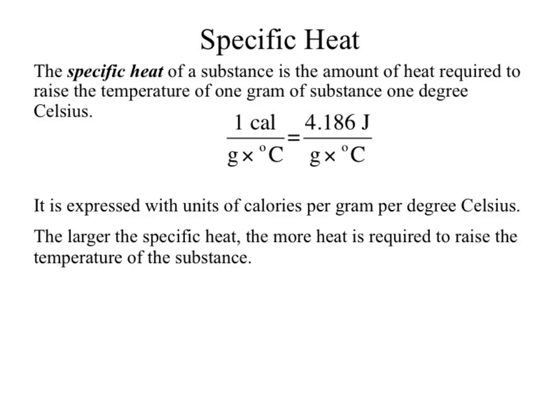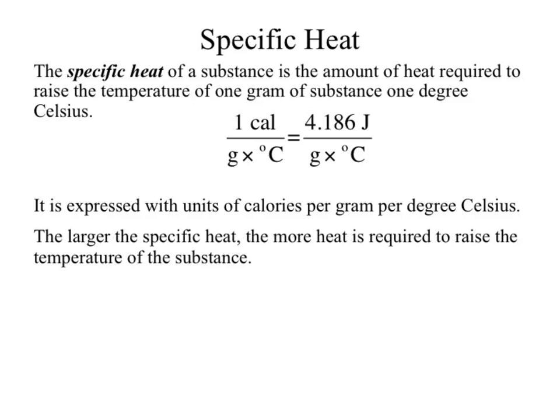A calorie is defined as the amount of energy necessary to raise 1 gram of water 1 degree Celsius. If we were to convert to joules, it's 4.186 joules, the amount of energy necessary to raise 1 gram of water by 1 degree Celsius. So we can convert calories and joules through using the specific heat.